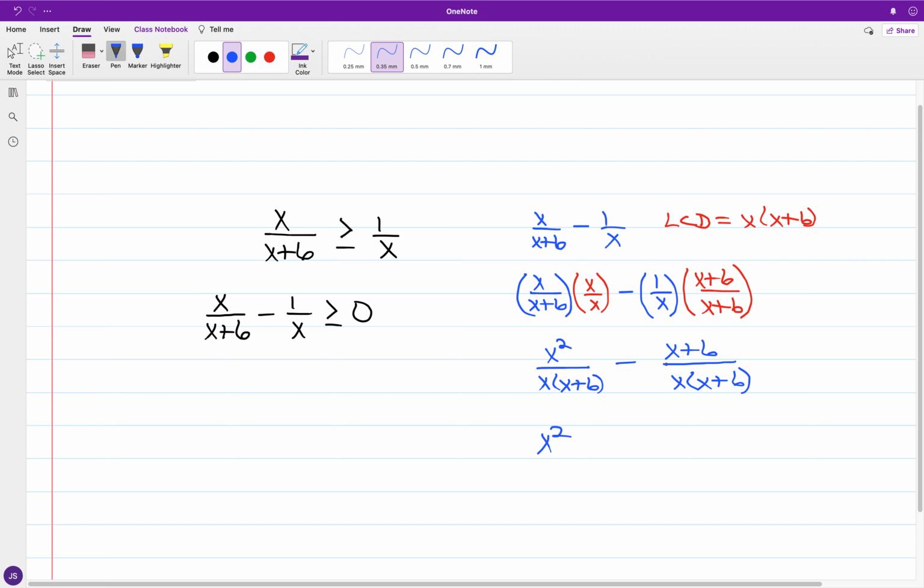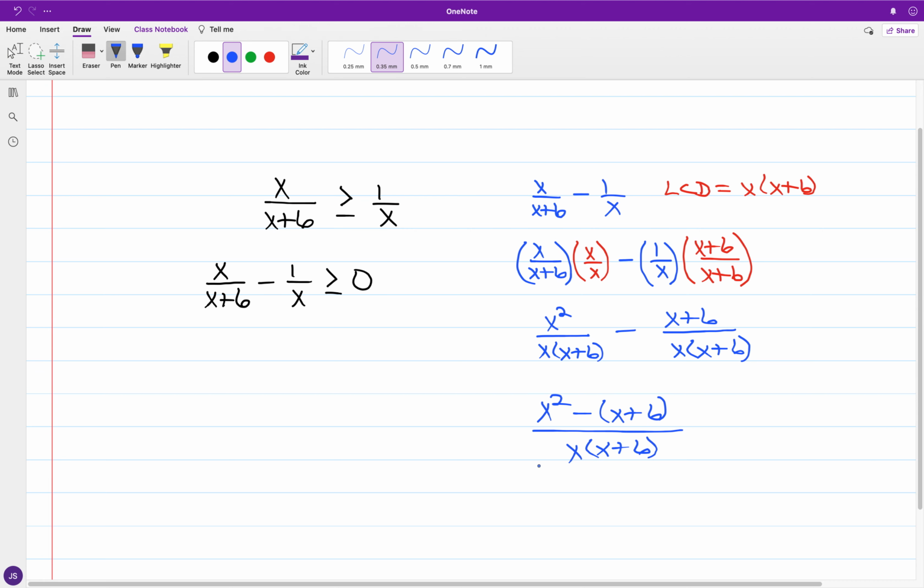Now, if you notice, both x and 6 will be affected by the subtraction in front of it. So altogether, we're going to have x squared minus x minus 6 all over x times the quantity of x plus 6.